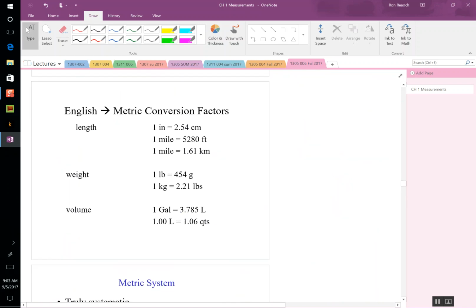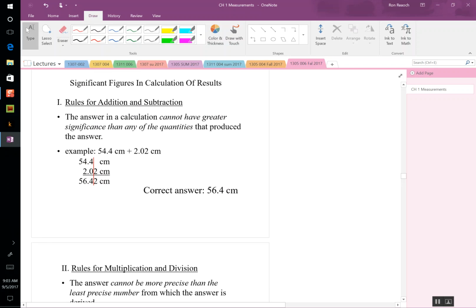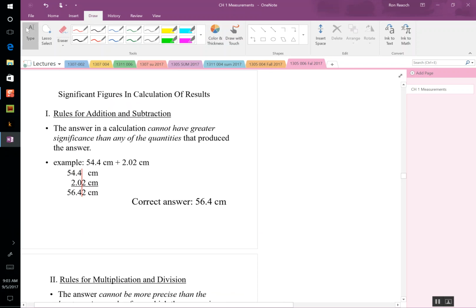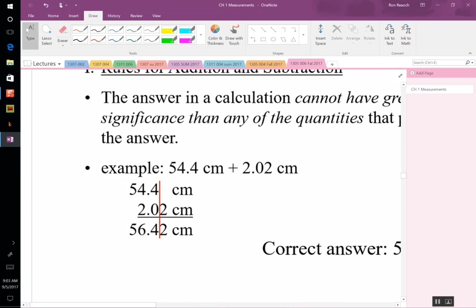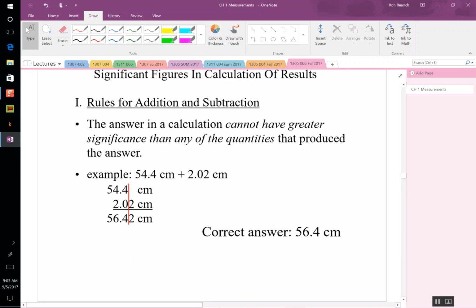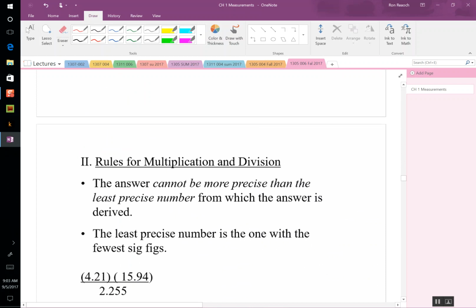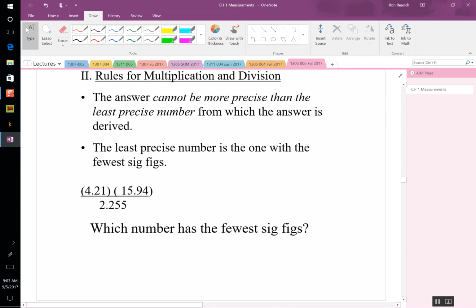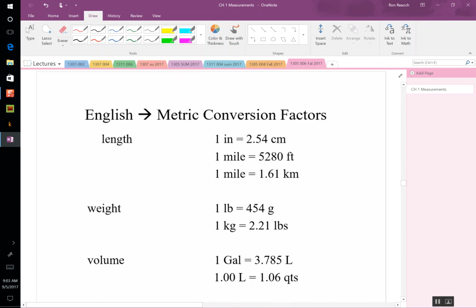Just be aware there are some slides in here explaining what we went over with addition and multiplication, explaining what you do there.